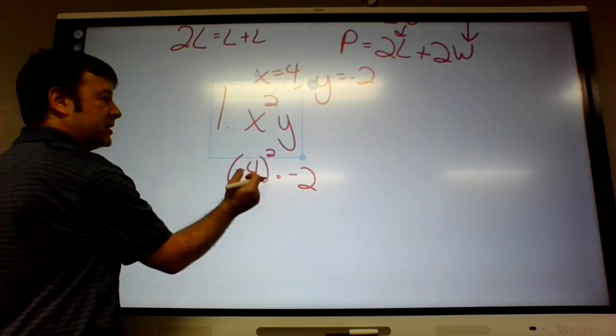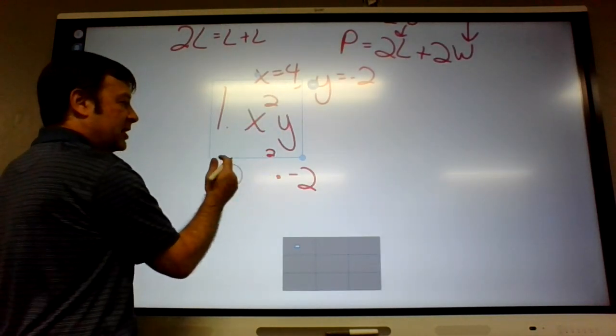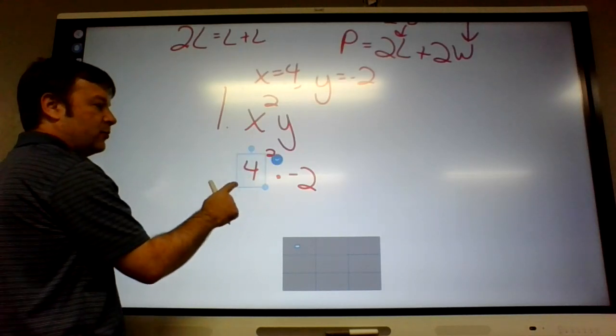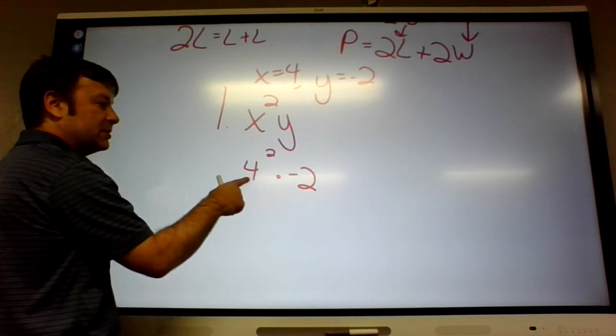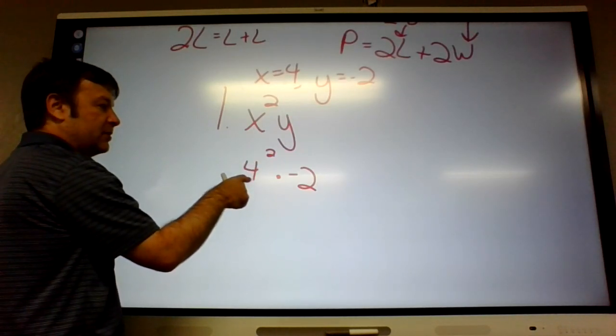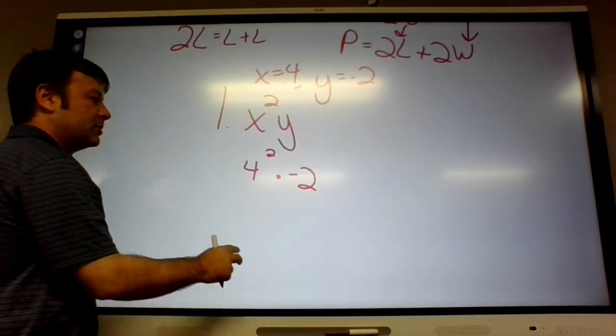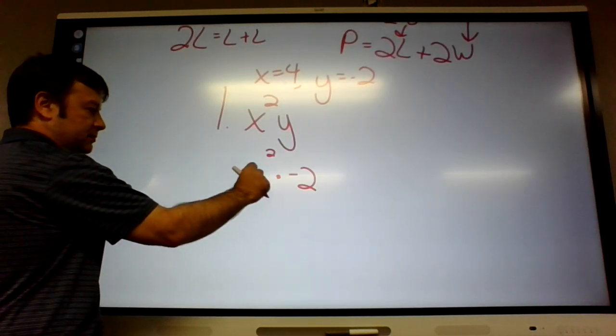Now, if x is positive, does it matter if we have parentheses or not? No, because 4 squared is going to be positive no matter what. So anyway, Drayden, what's 4 squared? 16.